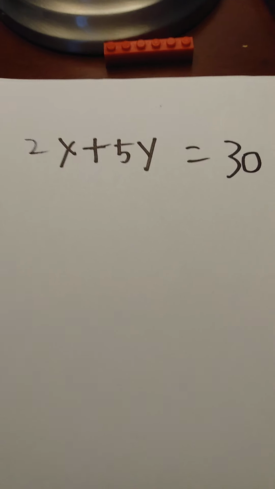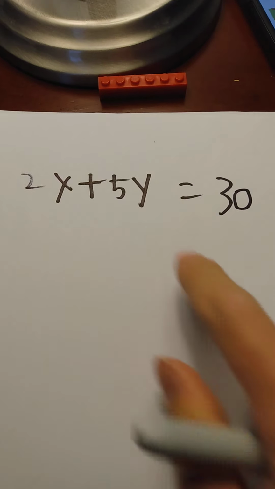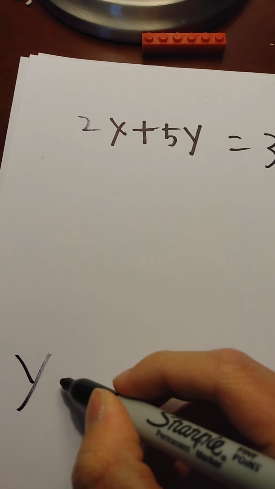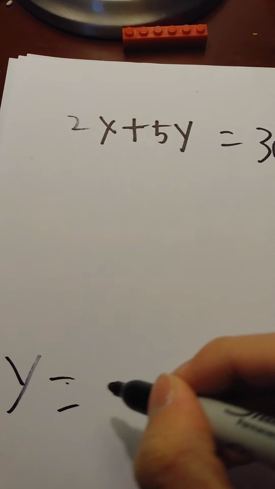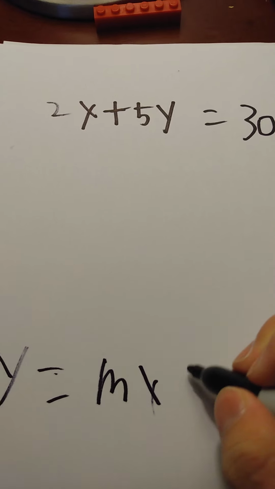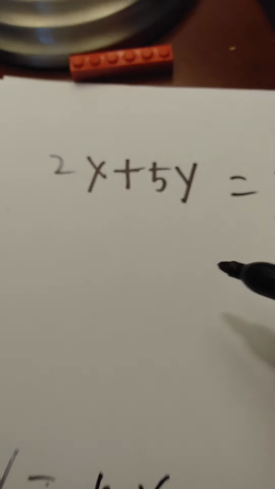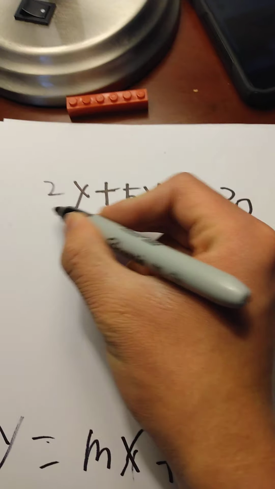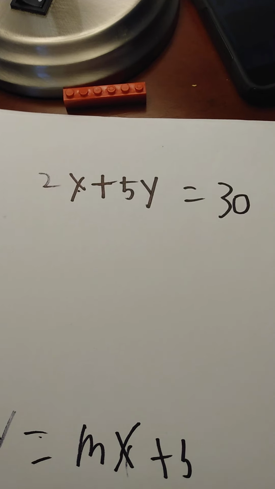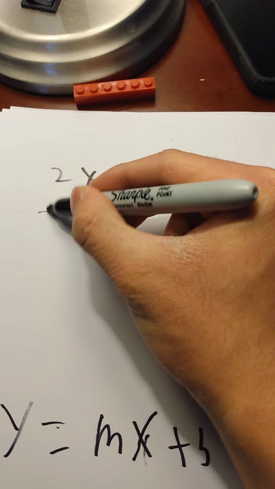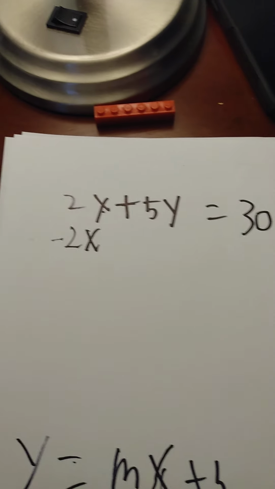We have to simplify this problem. To simplify, we have to get y alone, because we have a formula of y equals mx plus b. So we aim to get that y alone, which means we have to get rid of that x right there. To eliminate the x, we're going to have to subtract 2x. Why?